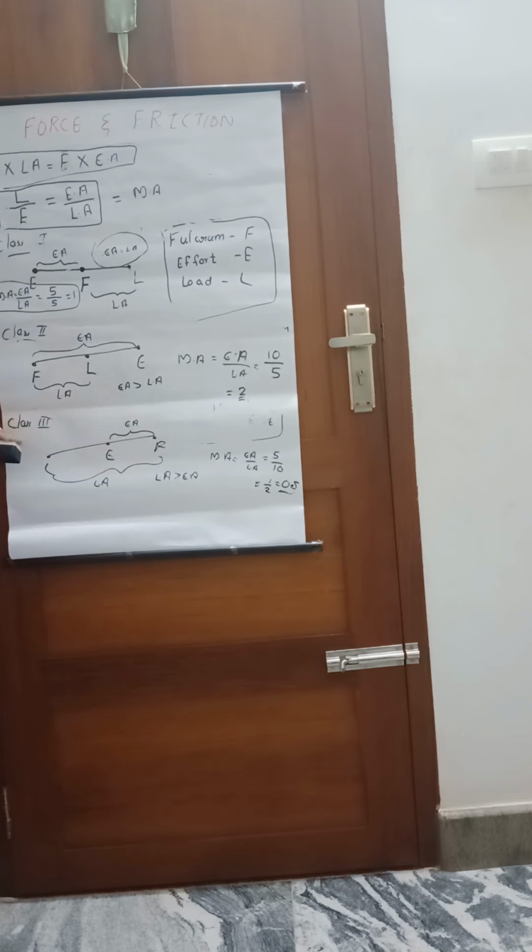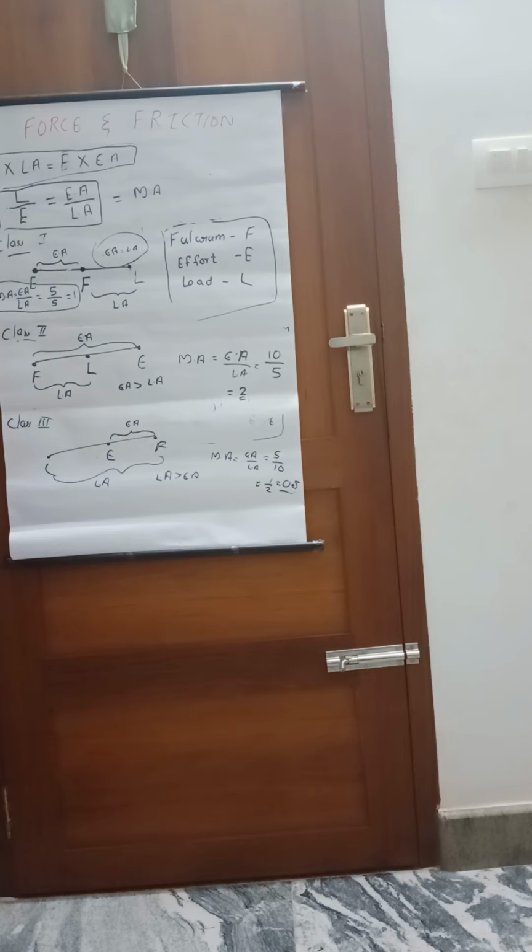In the case of class 3 lever, if the load arm is greater, then the mechanical advantage is less. And if both are equal, then the mechanical advantage is equal to 1. That is what we are getting in the case of the three levers.